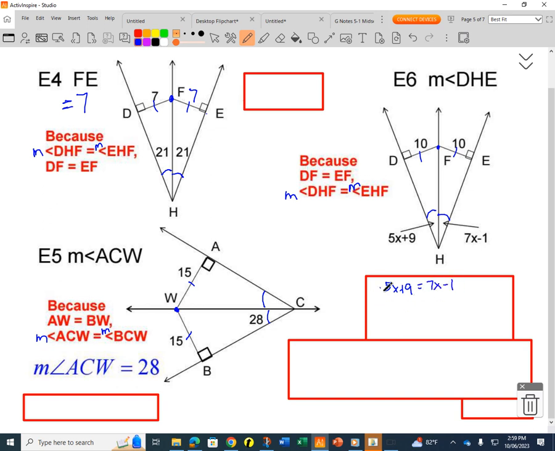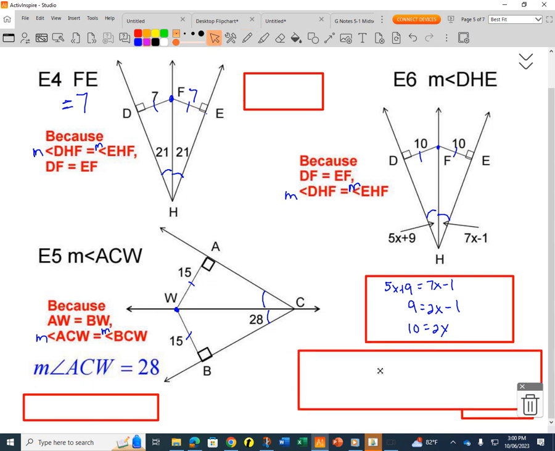To get my x's together, I'm subtracting 5x from both sides. So 9 equals 2x minus 1. I'm adding 1 to both sides, so 10 equals 2x. And then if I divide both sides by 2, now I know that x equals 5.